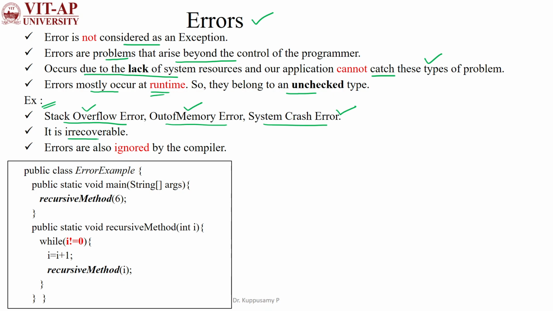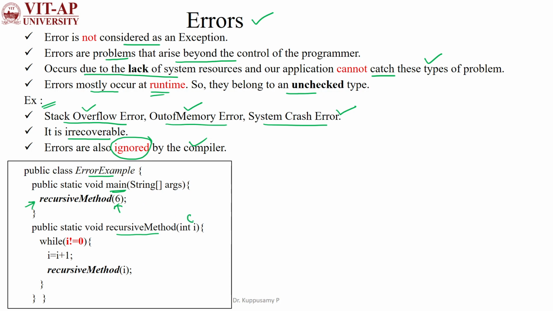So these are irrecoverable issues, and errors are ignored during compilation time by the compiler. Here I have given an error example. The main method is there, then we define a method and invoke it by passing the value 6. Then I define the recursive method.